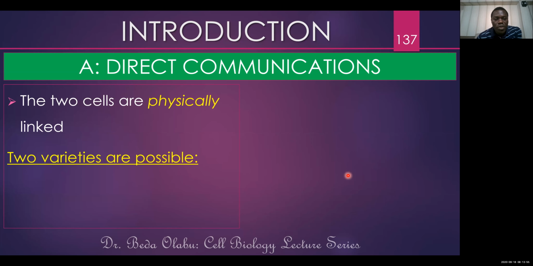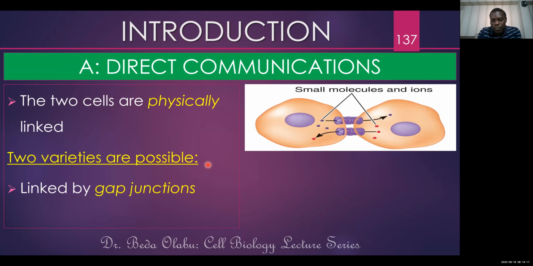So when we talk about direct communication where the two cells are in contact, there are two possibilities that we can talk about. When the two cells are in contact, you want to know what is actually linking the two cells. There's a scenario where the two cells could be linked by gap junctions, like what we see here.